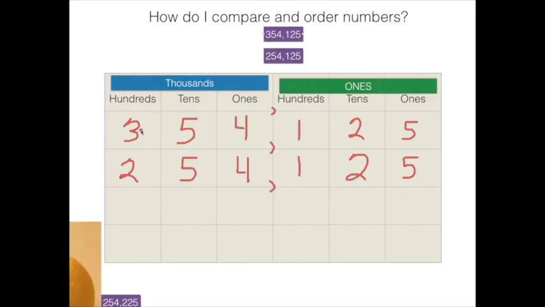Well, look what happens over here. In the 100,000s position, I have a 3 and a 2. So I have 3 100,000s. That means this number is bigger. And this number is smaller.